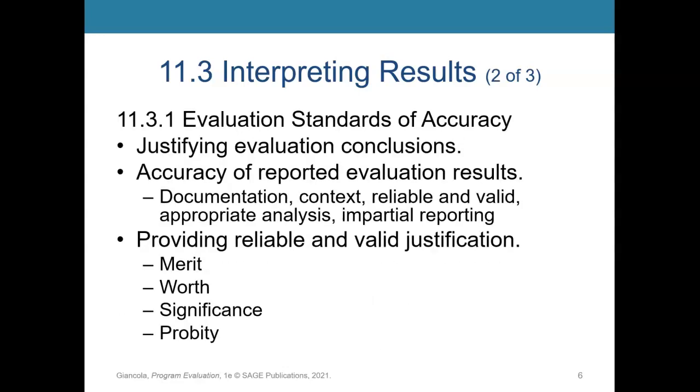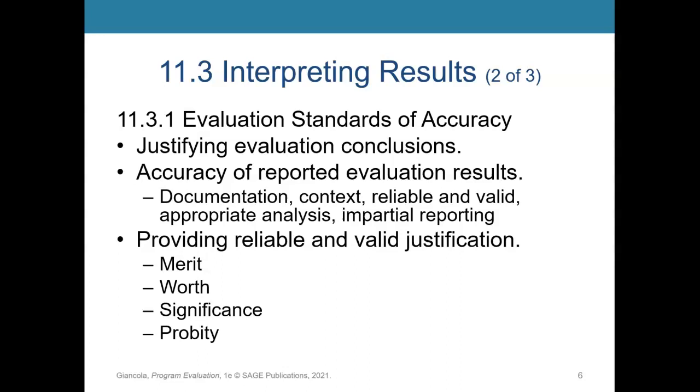As we're interpreting results, there are some standards of accuracy that have already been set. So the Joint Committee on Standards for Educational Evaluation, for example, includes 12 standards related to the accuracy of our reported evaluation results. We want to be sure that our evaluation results, that our conclusions, are justified explicitly in our evaluation reporting.